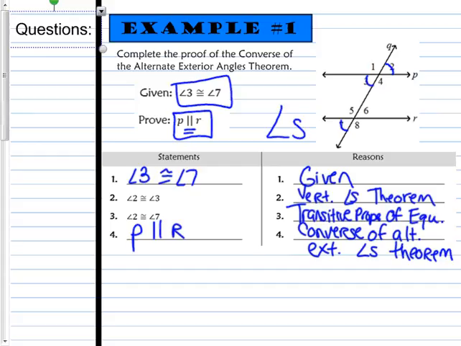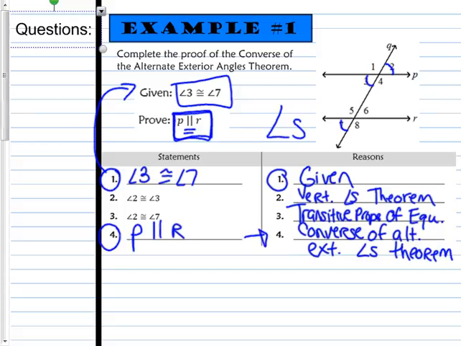So as a review with proofs, the first statement is almost always what they've given us, and therefore the first reason is the word given. And then the last statement is going to be what we're trying to prove, so we never have to really wonder what our last statement will be, but we have to be able to give the reason for it, okay?